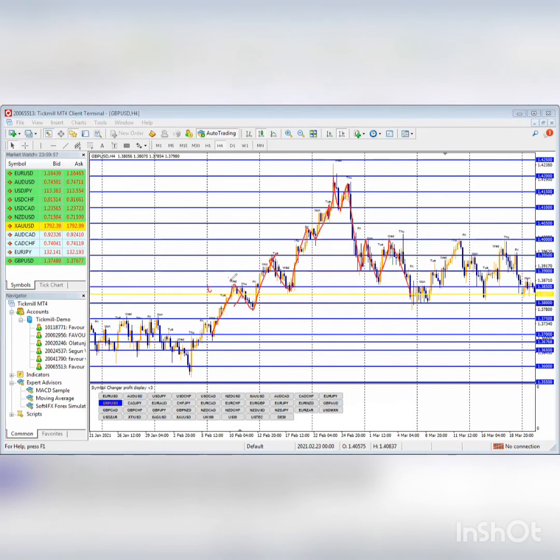So this is a high, low, high, low. It's a high because it is higher than the previous high, and the low is higher than the previous low, and it gives a higher high, higher low.